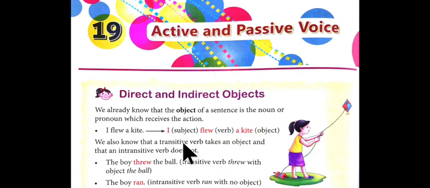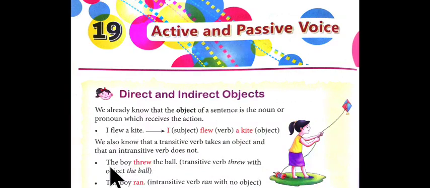Now what is transitive verb? Transitive verb is a verb that has an object, that is, a verb with object. And intransitive verb is a verb that is without object or that has no object.